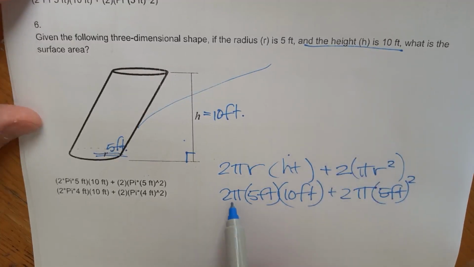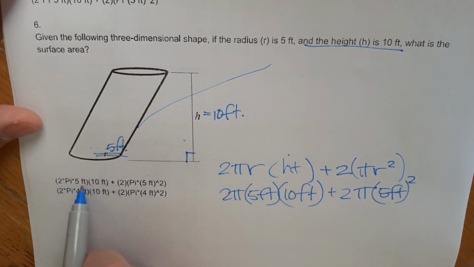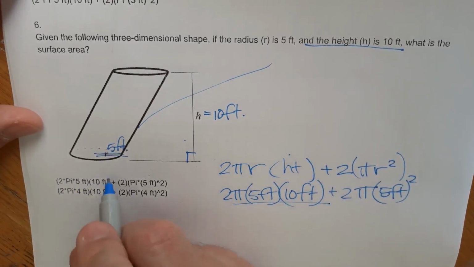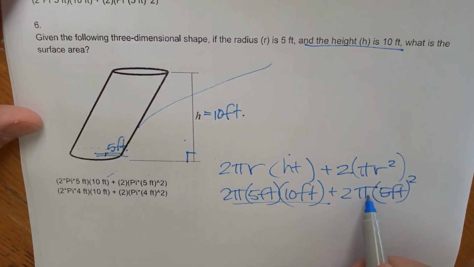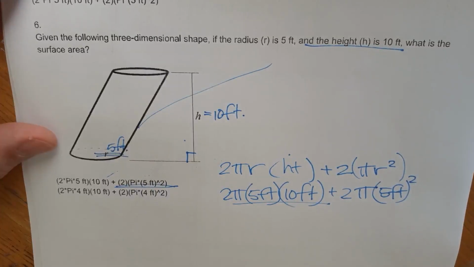So do they even make us multiply it out? Nope, we got a 2 times a 5 times a 10. 2, 5, 10, and a pi, and a feet, check. And a 2, a pi, a 5 squared. Oh, they didn't even make us square that. If you had to square it, it'd be 5 times 5 is 25, and feet squared is feet squared.